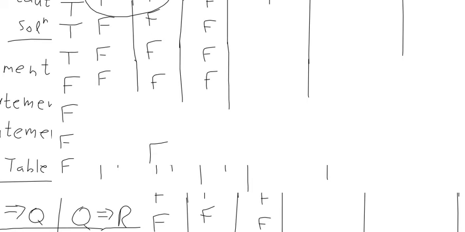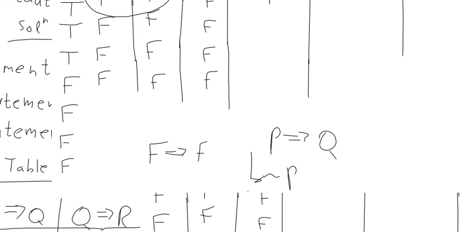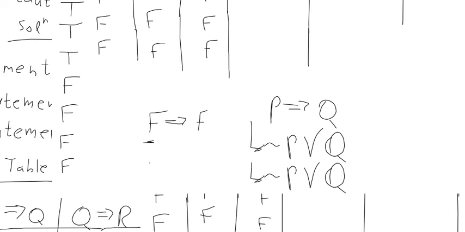False implying false. If you remember your logical symbolic formulas, if you have P implying Q, this can be written as an OR statement by saying negation of P or Q. Write it this way. So, negation of P or Q is equivalent to P implies Q, where P is false and Q is false.